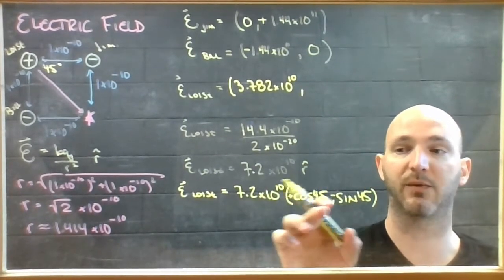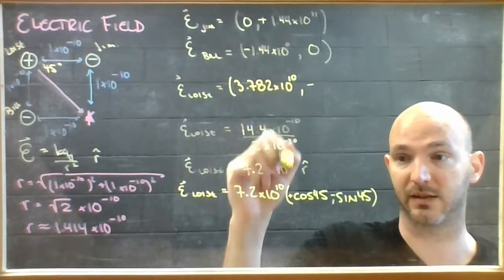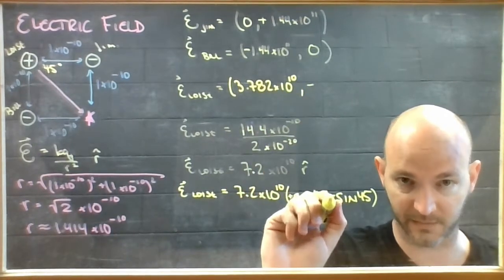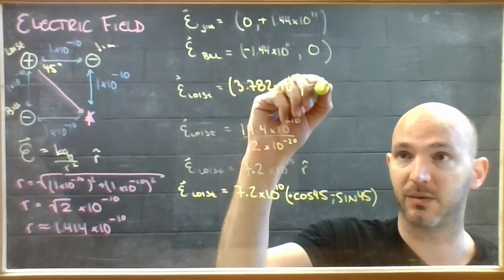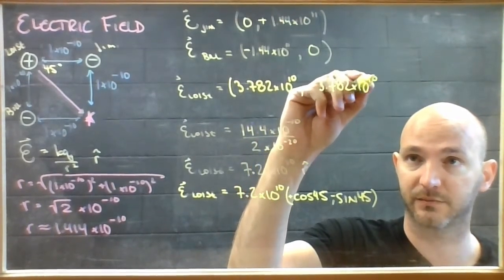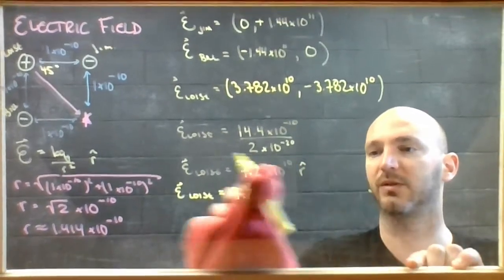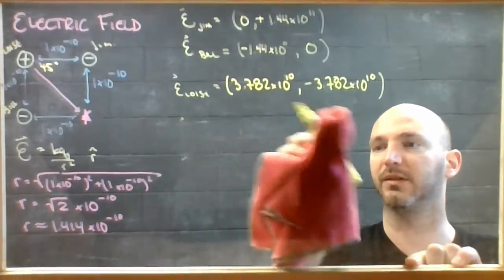And since sine 45 and cos 45 return exactly the same value, I can say that the vertical part will be negative because of my negative: 3.782 times 10 to the 10. So I can get rid of this stuff in order to get my total electric field.